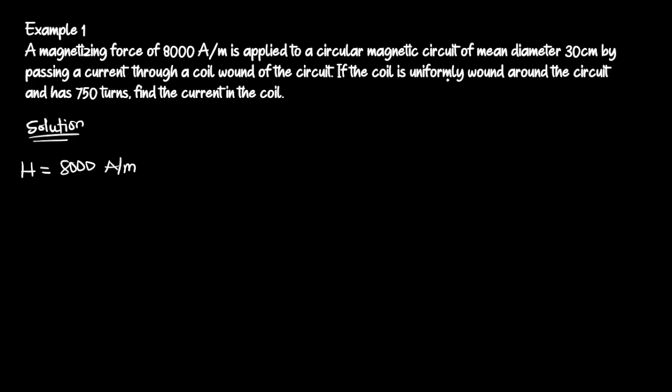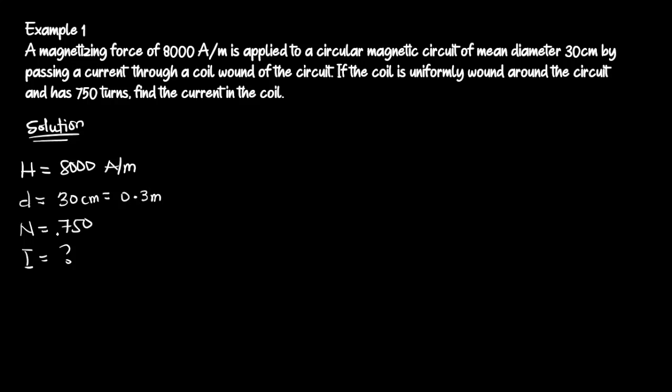It's applied to a circular magnetic circuit of mean diameter, so the diameter is 30 centimeters, which if I convert to meters will become 0.3 meters. If the coil is uniformly wound around the circuit and has, so my capital N, the number of turns is 750. I am to find the current I, which I do not know.